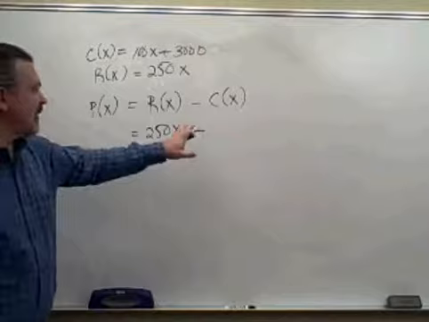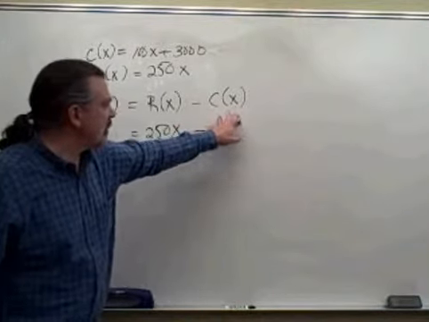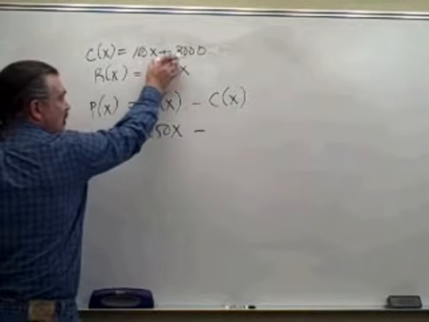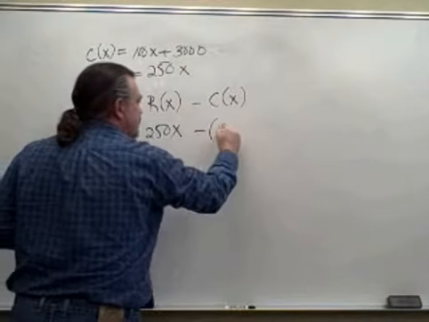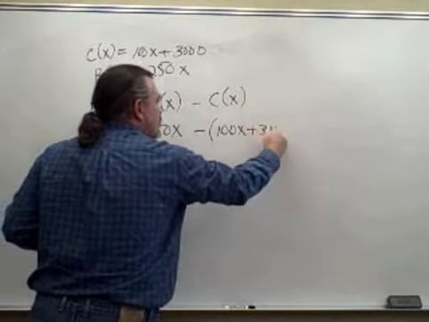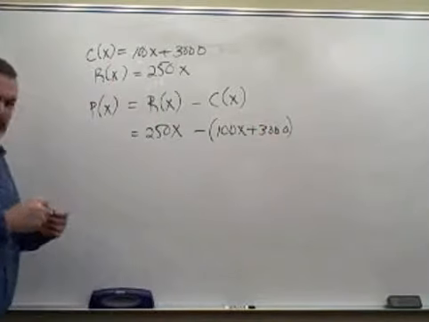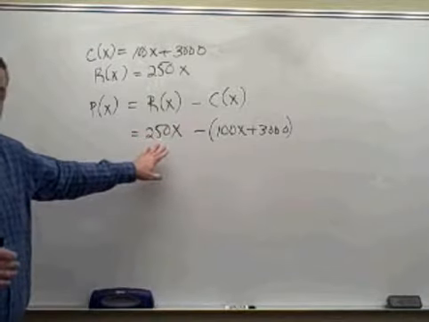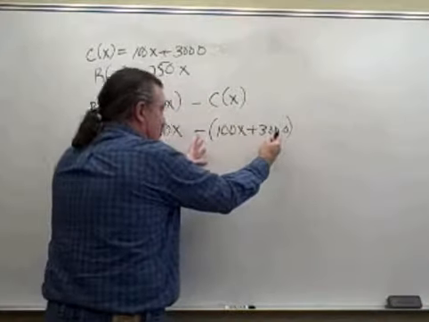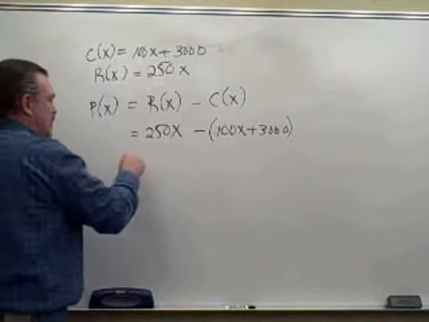minus, now if I want to subtract the entire cost, this cost function consists of two terms. Wouldn't I have to put those terms in parentheses to show that I was subtracting both of those terms from this term? I'm subtracting the entire cost from the revenue.